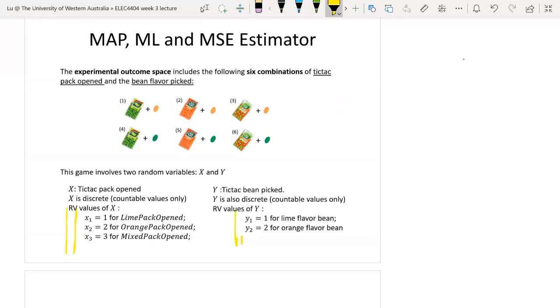So now we are converting our observation of the real world cases to the knowledge of the random variables. Okay, now discrete random variable x has 3 values, 1 or 2 or 3. And the discrete random variable y has 2 possible values, 1 and 2. Of course, for the meanings, you can come back to this slide to check them out.